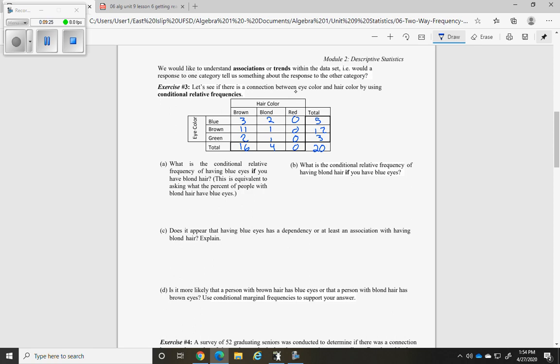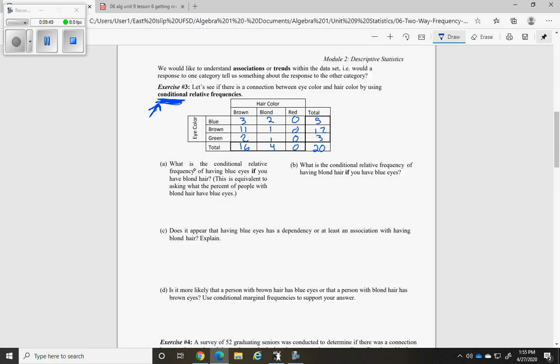So we have to see if there's a connection between eye color and hair color by using the conditional relative frequencies. When they talk about conditional relative frequency, there's a condition put in place. So what is the conditional relative frequency? To be honest with you, they don't even have to use these words.